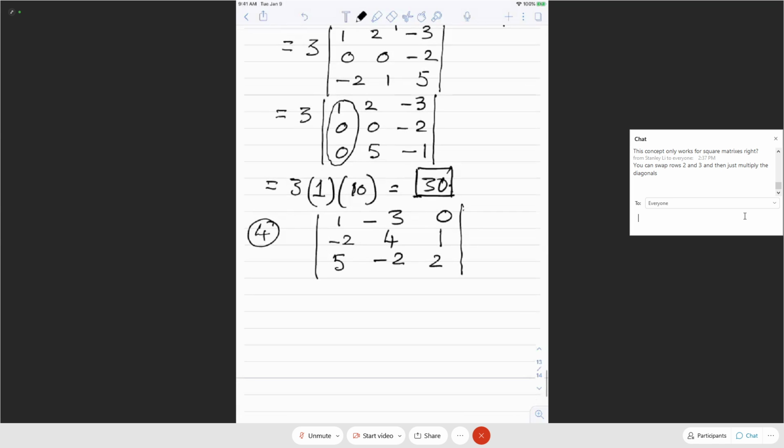This is nice. Multiply the first row by 2 and add it to the second row. Minus 6 plus 4.